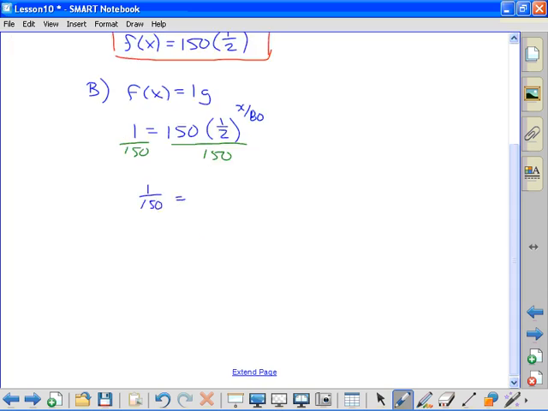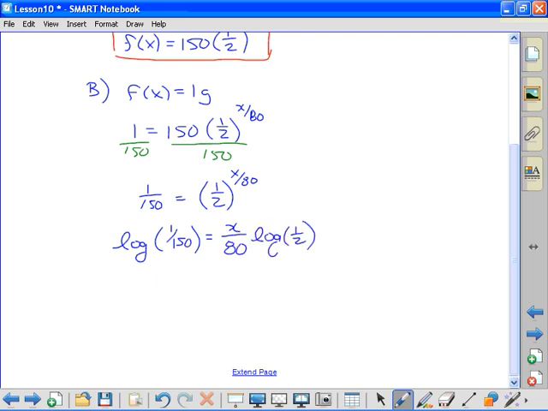Fractions don't really matter. You should be comfortable dealing with them at this point. Take the log of both sides. So the log of 1/150th equals, again, x over 80 log 1/2. A little bit trickier here with the algebra, and I'll slow the steps down for you.